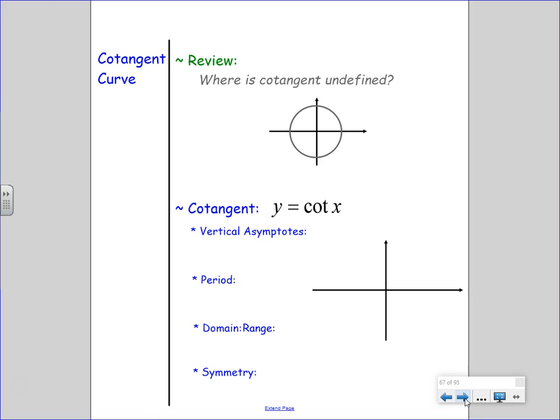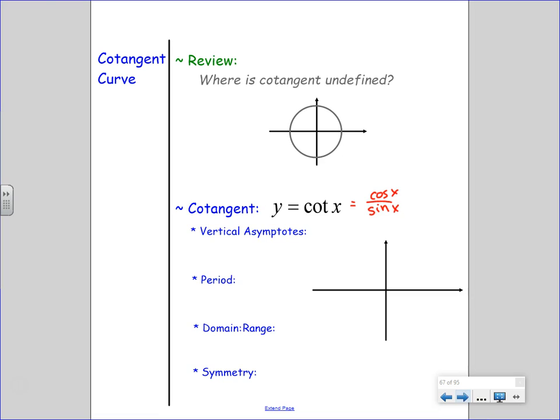Now, we were talking about cotangent. Let's get his key characteristics down. And then his transformation is a whole lot like tangent, so we're going to go kind of fast. Cotangent is super similar, except cotangent is cosine over sine, not sine over cosine.